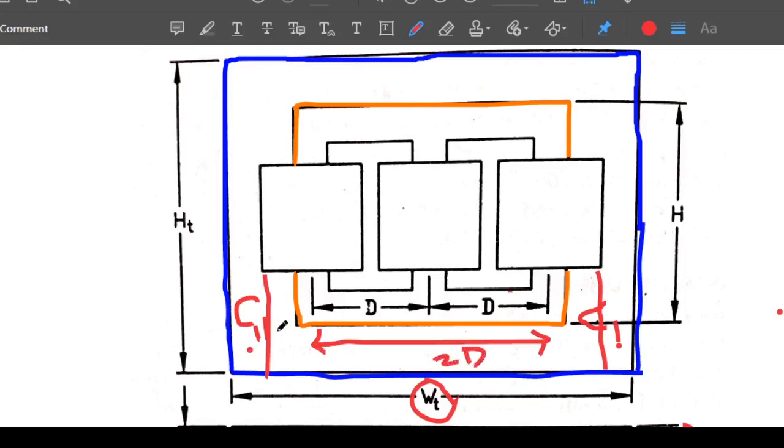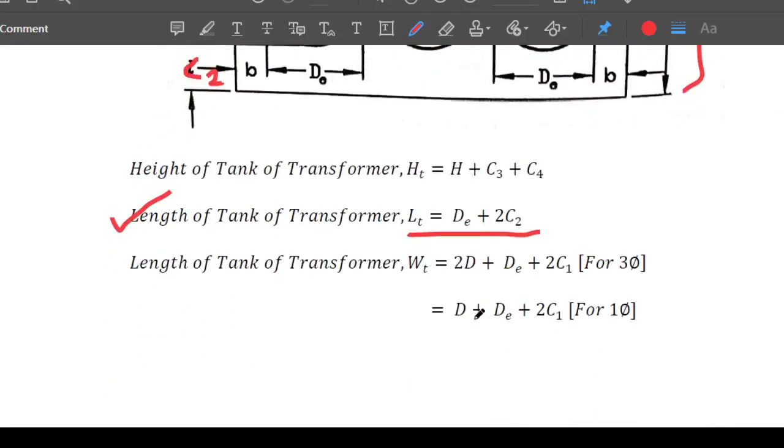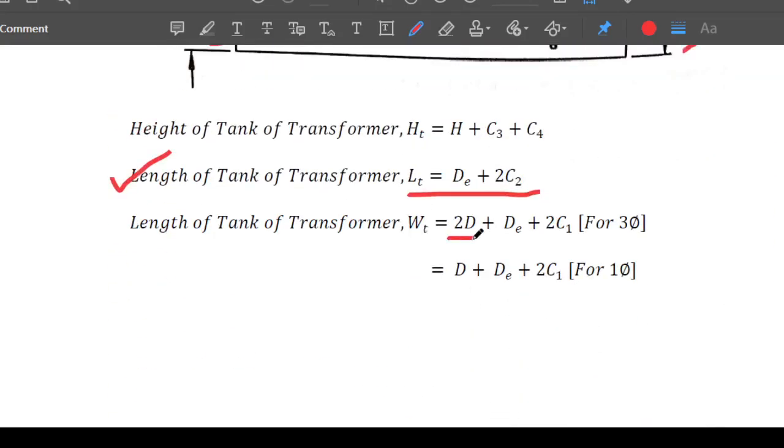And here there is half a diameter. Let me name it as DE divided by 2. Similarly here it is DE divided by 2. So now what is WT equal to? WT is equal to 2 times D plus DE by 2 plus DE by 2 plus C1 plus C1. So the final answer will be 2 times D plus DE plus 2 times C1.